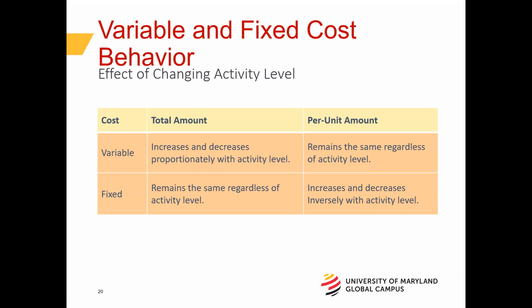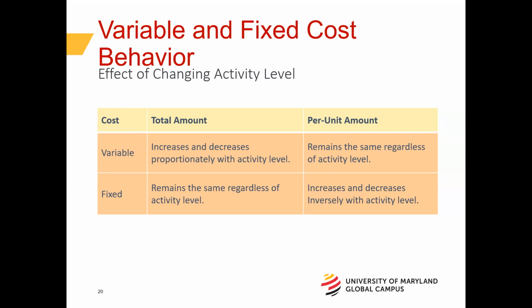In other words, as my output changes, my variable cost will change with it, because as my output increases, I have additional direct materials and direct labor. With variable costs, the per unit amount will remain the same.